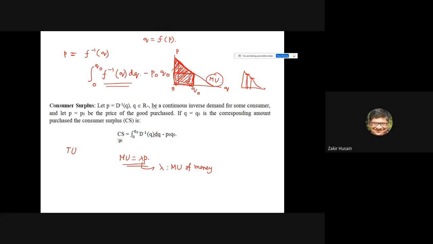Total utility. So it is the total utility obtained from consuming Q0. This is the satisfaction that you get, your benefit from consumption. And what is P0 Q0? That is the cost, the amount that you're paying out. So you're making a gain. Your surplus is the triangle.